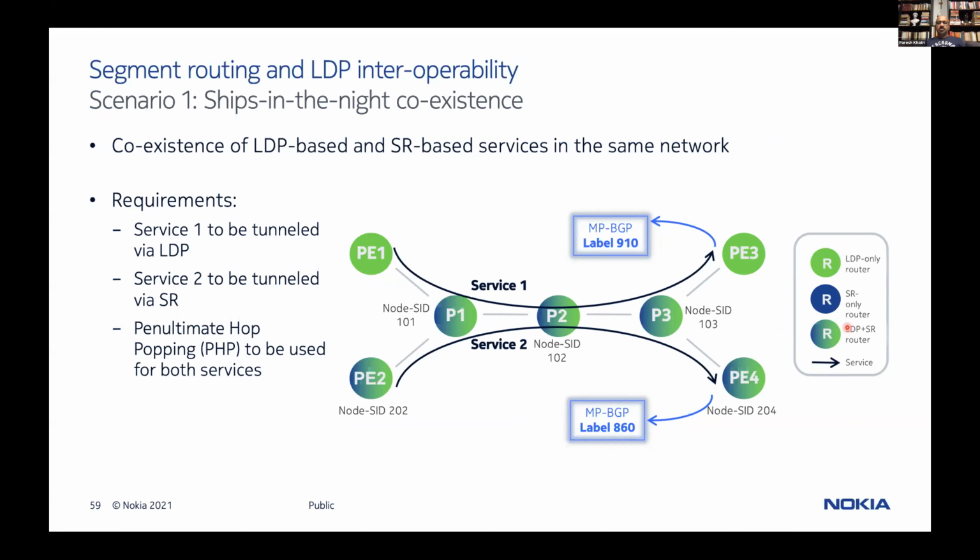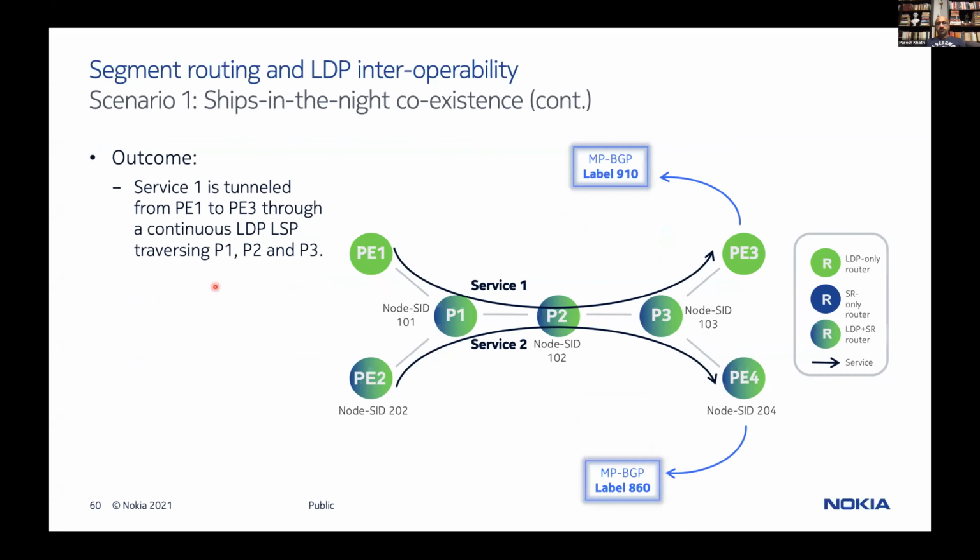But then you've also got these nodes that are a blend that support both LDP and SR. So in this network, P2, P4 and PE4 support both LDP and SR, and P1 and P3 only support LDP. So it's pretty clear: if you want to build a service between PE1 and PE3, it can only be LDP. And if you want to build a service between PE2 and PE4, it can be LDP or SR. We'll prefer SR in this case.